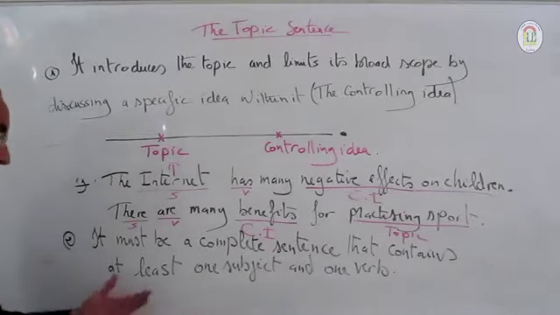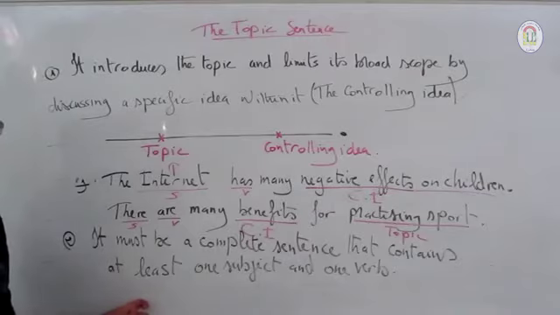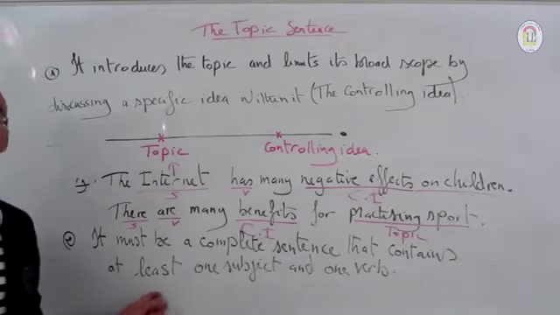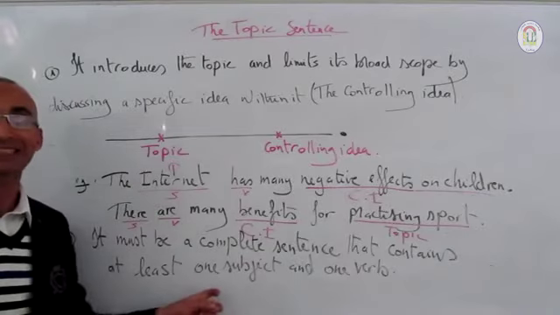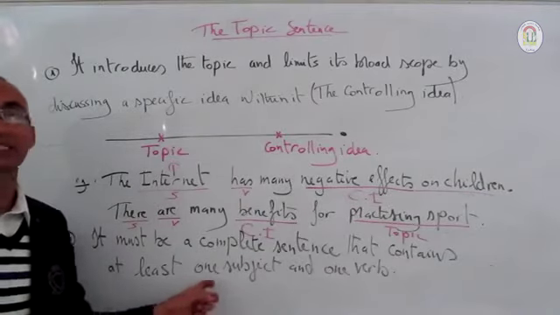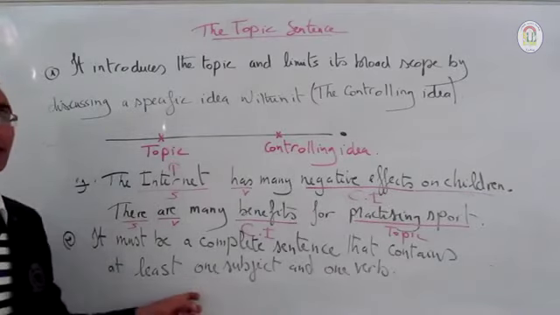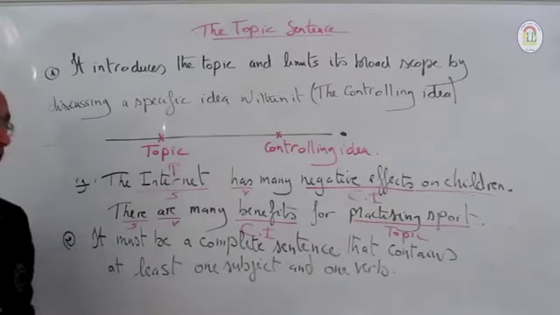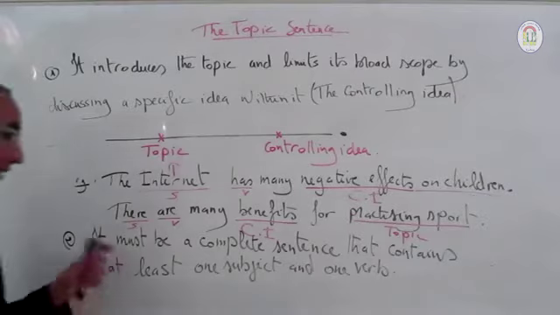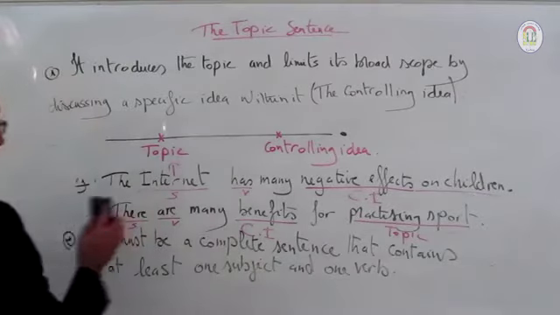For example, if you write "the importance of driving cars", here it is a wrong topic sentence because it's not a sentence, it's only an expression, only a fragment which contains no verb. Clear? No verb.